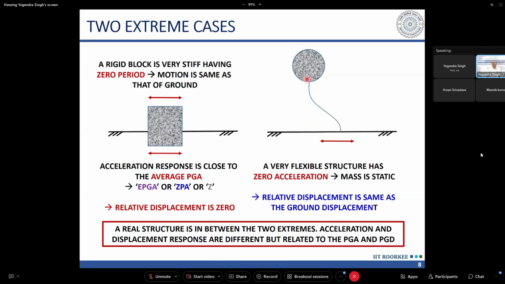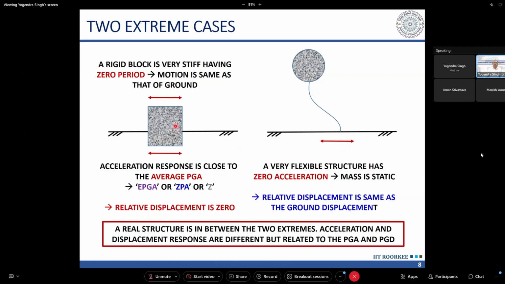So here we can see that the relative displacement of the mass and the ground will be the same as the displacement of the ground itself, because this flexible system is not moving from its place. In case of a very flexible system, the acceleration will be 0. This mass is not going to have any acceleration. So acceleration will tend to be 0, and the relative displacement will be equal to the ground displacement.